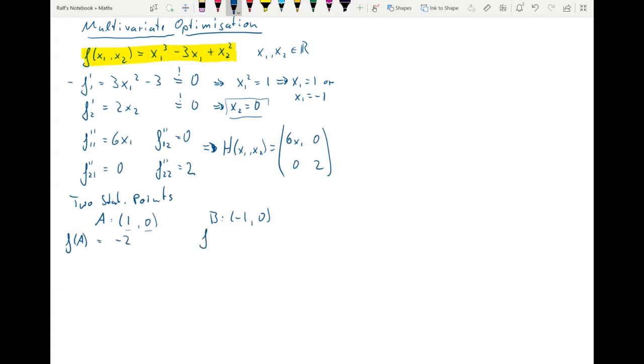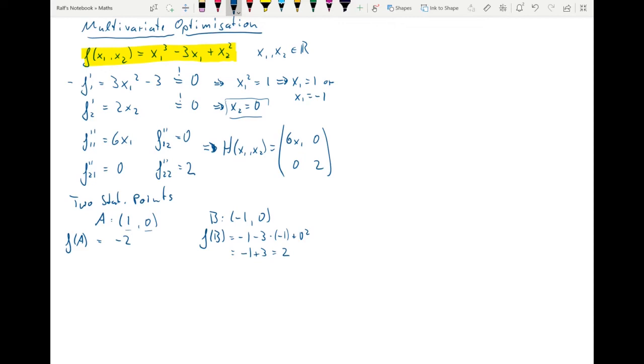And the function value at point B, let's do that the pedestrian way: -1 to the power of 3 is -1, minus 3 times -1, plus 0 squared. So here we are getting -1 plus 3, which is 2. Okay, so we already know point B is certainly higher than point A.